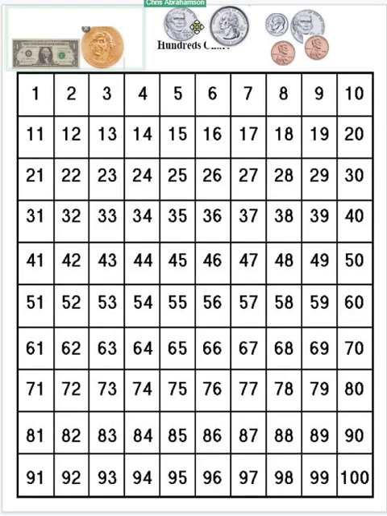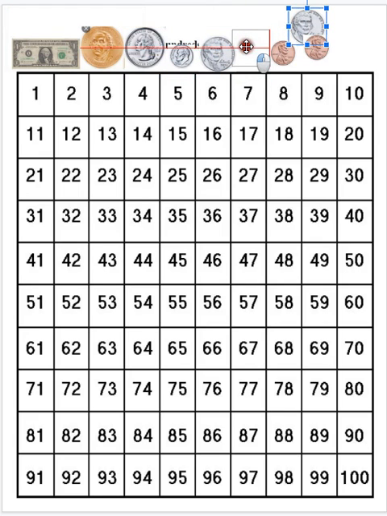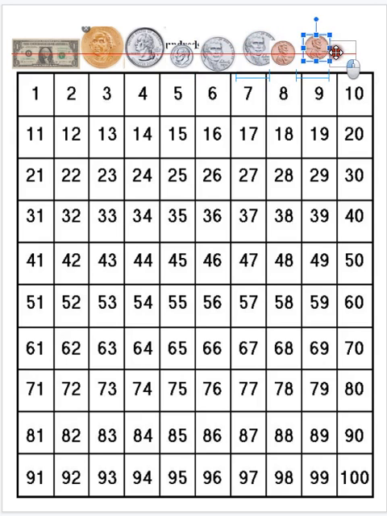Okay, and then we got a quarter next, that's 25. And our dime, remember, just because the dime is the smallest coin, that does not mean it's worth the least, okay? The size of the coin does not matter, and so we're going to put our nickels next because each of those is worth 5, and our pennies go last.